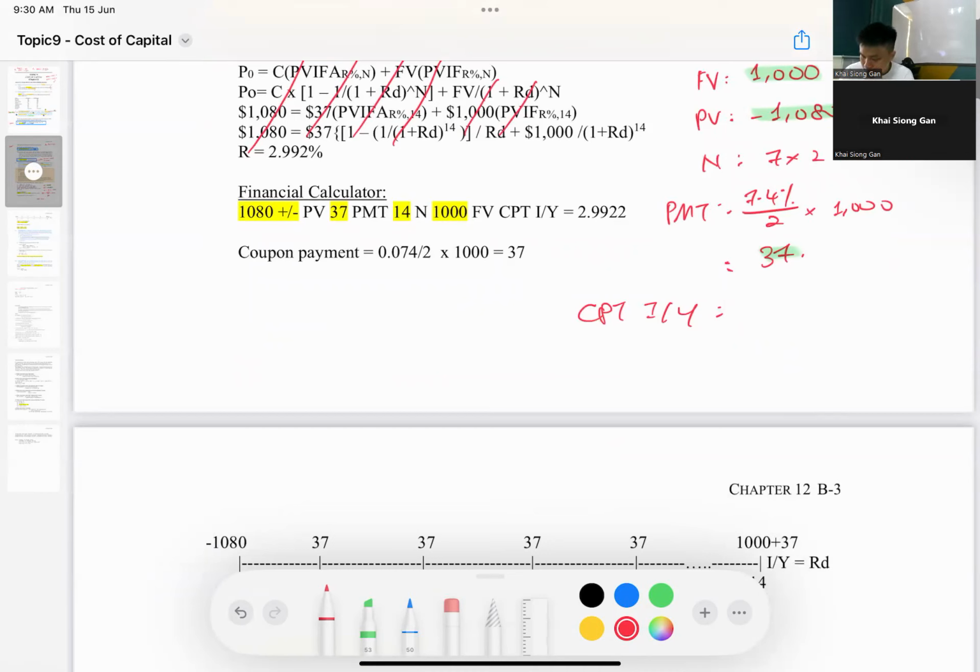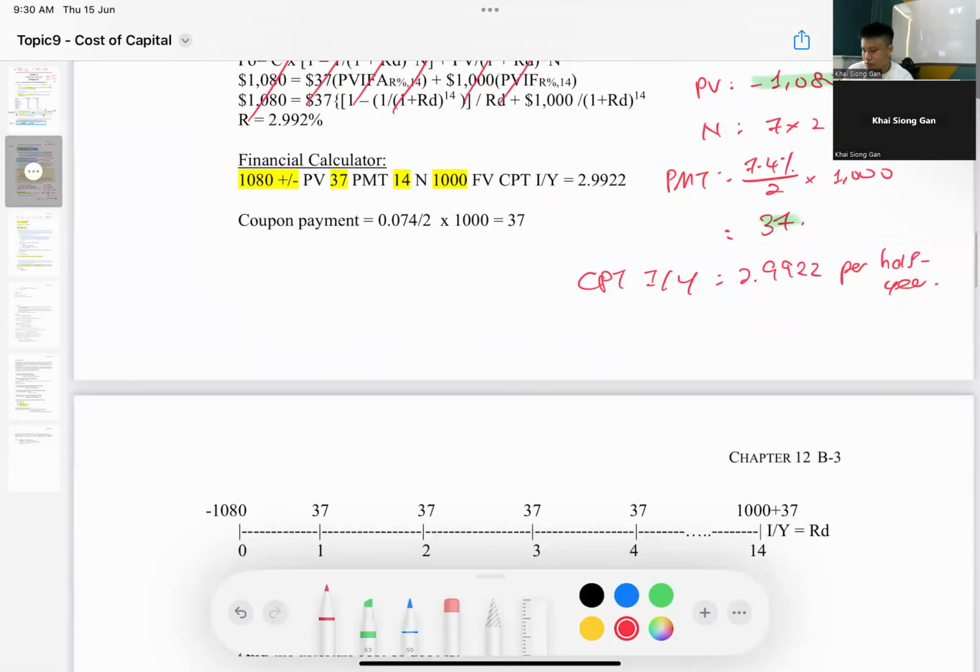You will get 2.9922 per half year. That means semi-annual. I do not want this. I want YTM.